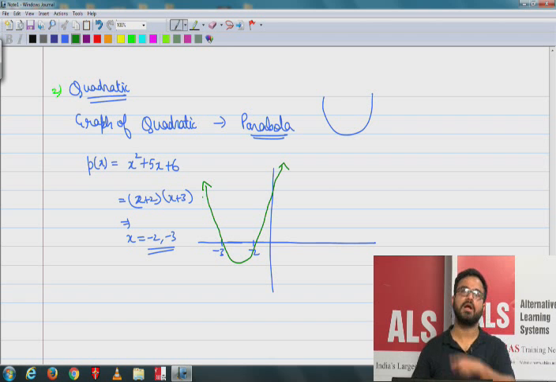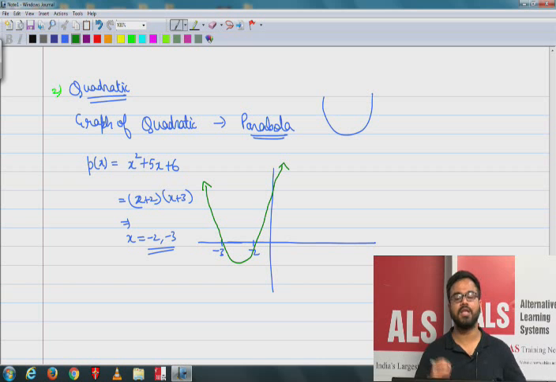This U-shaped graph is called the graph of a quadratic polynomial, and the name of this U-shape is parabola. Now you can see the graph which I have drawn is intersecting the x-axis at these 2 points, at minus 2 and minus 3. So these minus 2 and minus 3 are called the zeros of the polynomial.